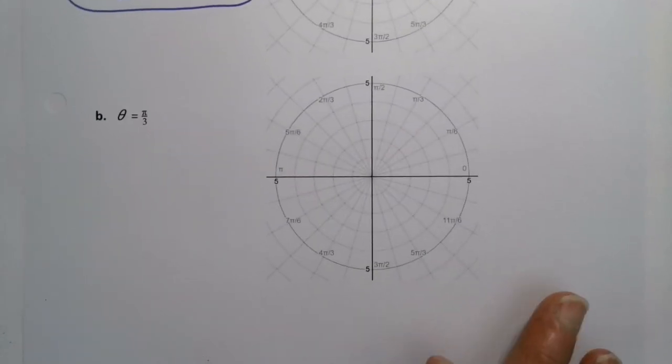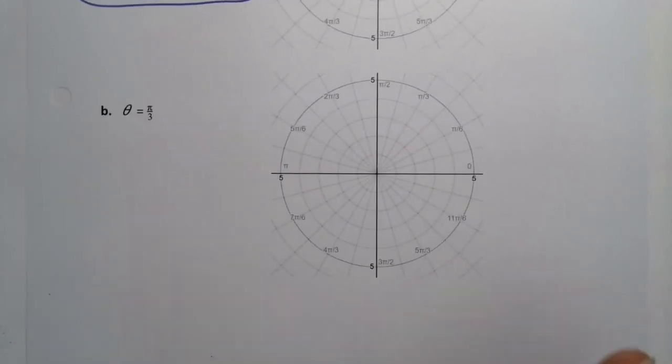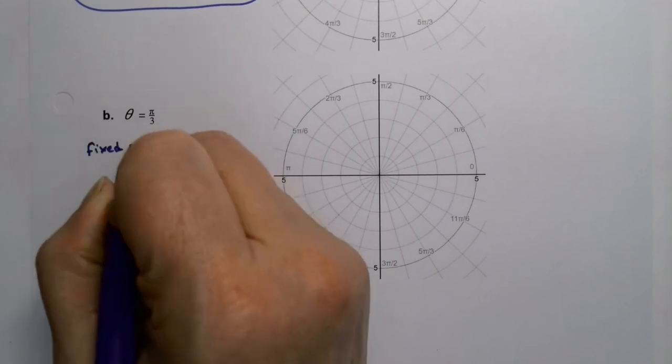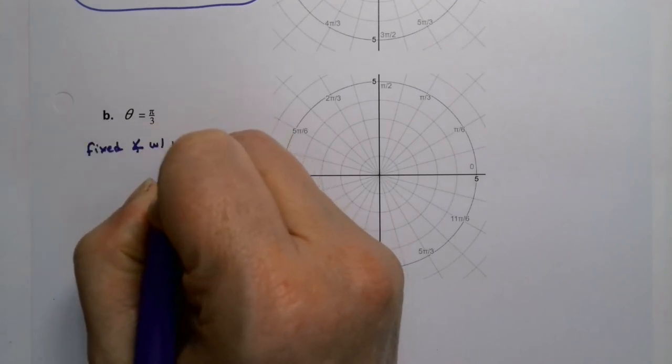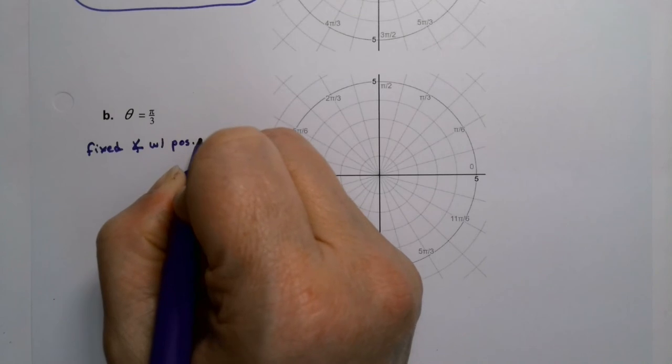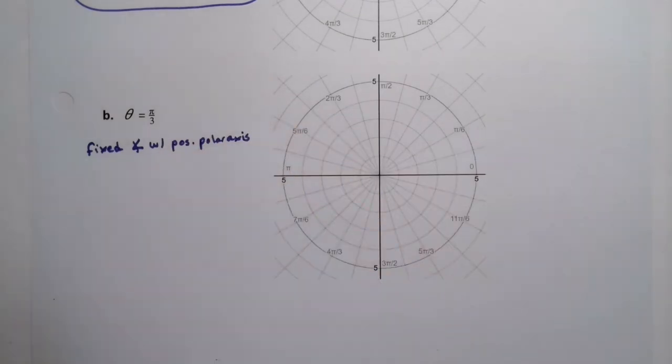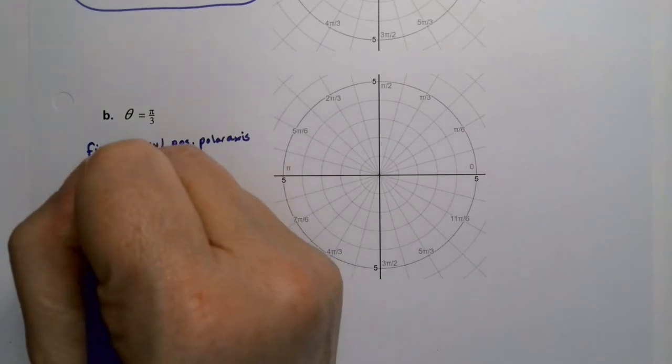Theta equals pi over 3. Okay, so you fixed your angle with the positive x-axis, or its positive polar axis, right? And it's pi over 3. But r can be anything.